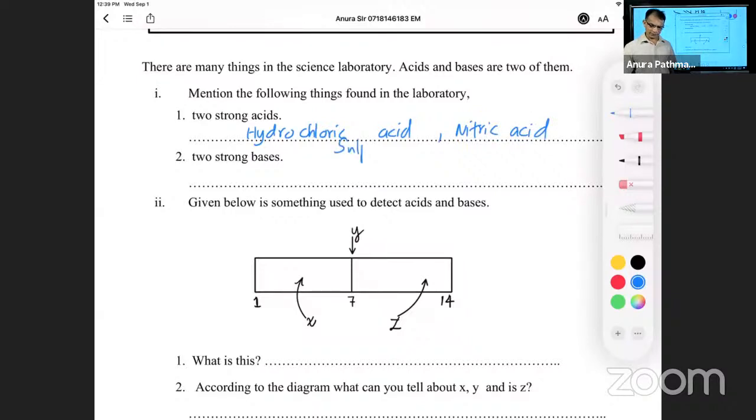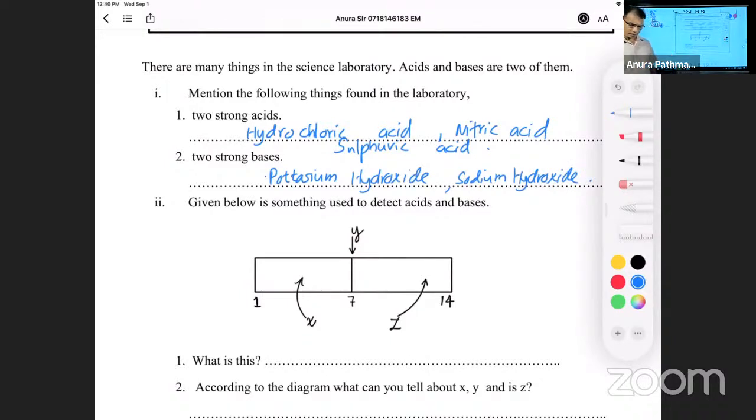Two strong bases: sodium hydroxide, potassium hydroxide.